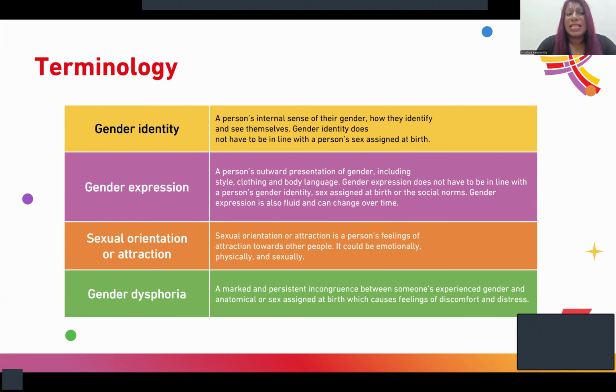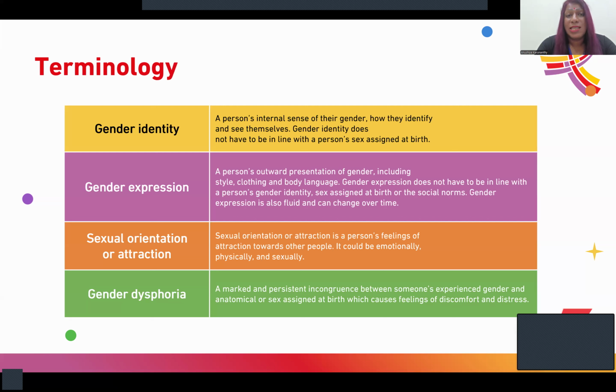Gender identity is an internal sense of their gender, how they identify and see themselves. Gender identity does not have to be in line with the person's sex assigned at birth. Gender expression is a person's outward presentation of gender, including style, clothing, and body language. Sexual orientation is a person's feeling or attraction towards other people.